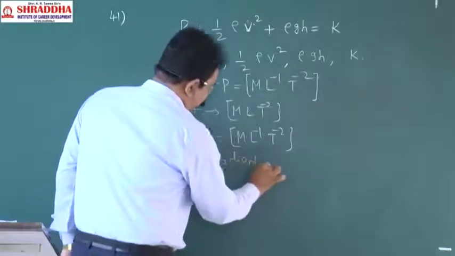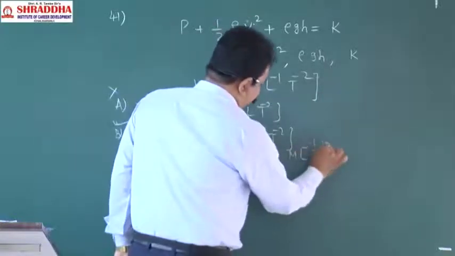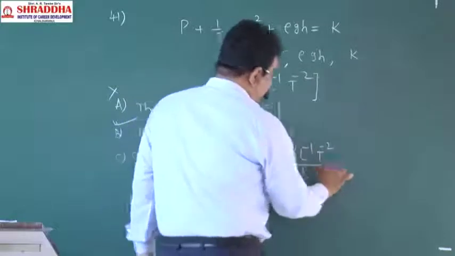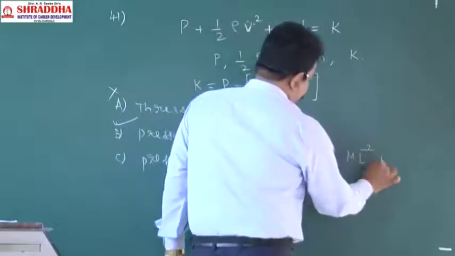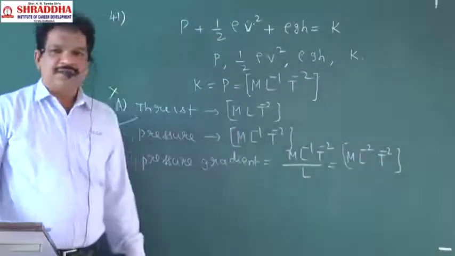Means pressure per unit length. M L power minus 1 T power minus 2 by length gives M L power minus 2 T power minus 2. That is the pressure gradient.